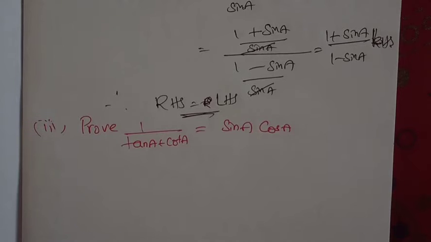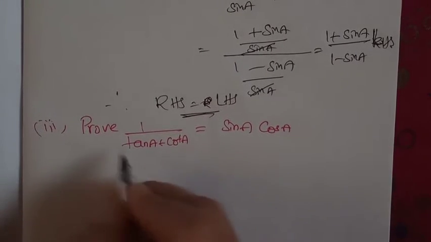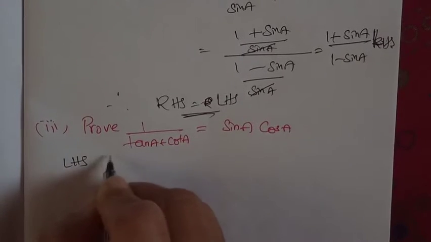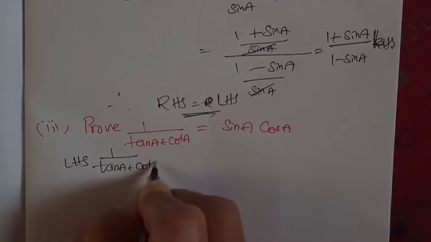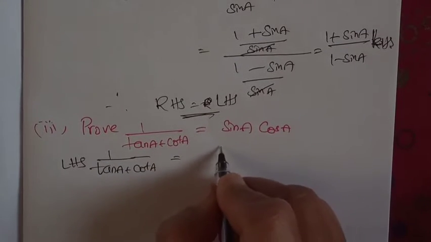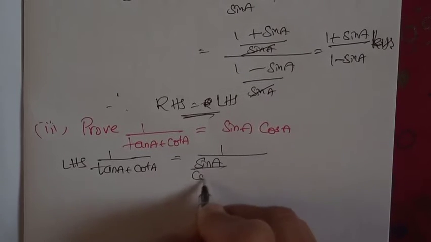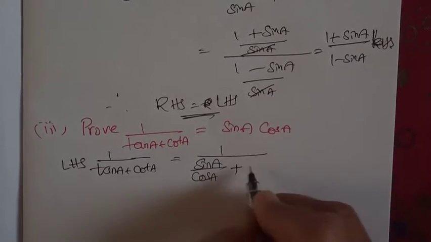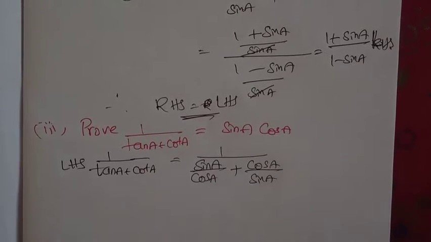Yes. Now I can go with the LHS or RHS. Now I will start with the LHS, 1 by (tan A plus cot A). Okay. How can I write tan A? Sin A by cos A, plus cos A by sin A. Cot definition, right?